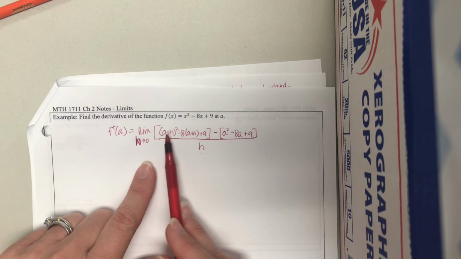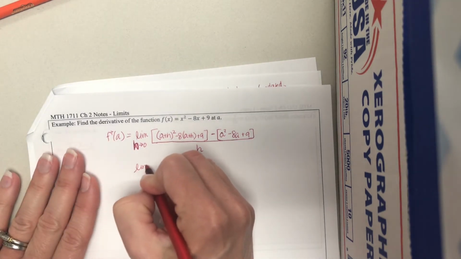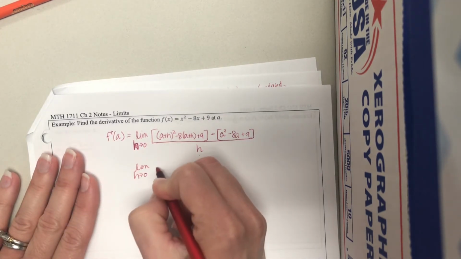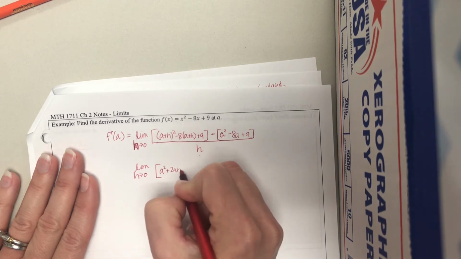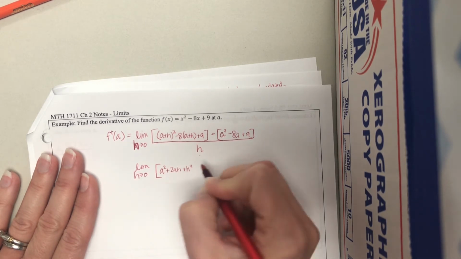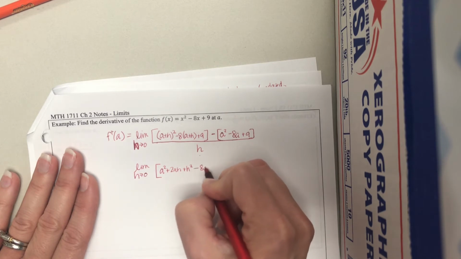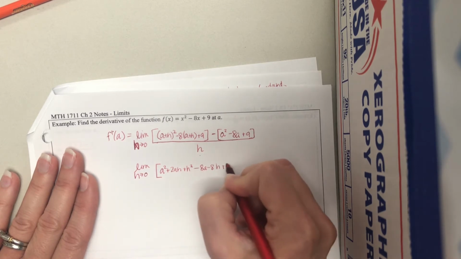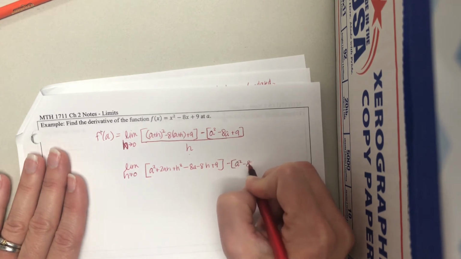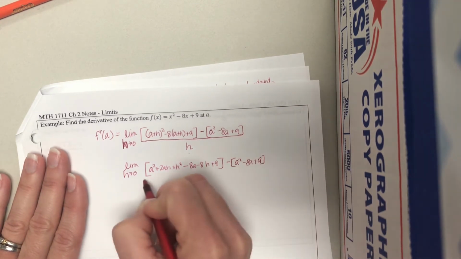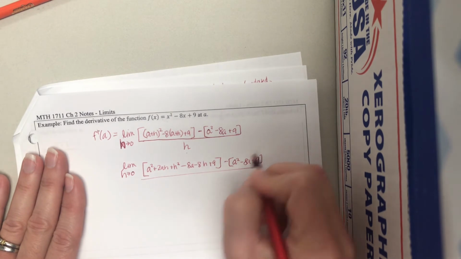So I'm going to go ahead and FOIL this. You can try to do this too. a squared plus 2ah plus h squared minus 8a minus 8h plus 9. There's nothing really we can do with this second one. And that's a 9, and all over h.